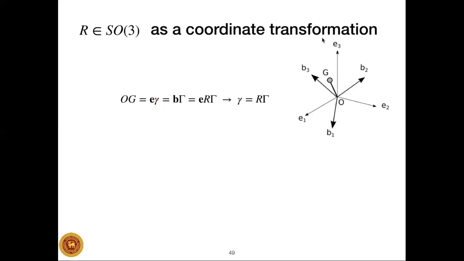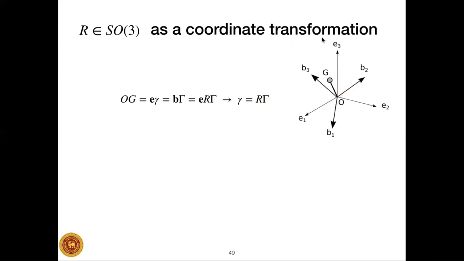Now if you write down the same arrow in the B frame, how much along B1, how much along B2, how much along B3, we get capital Gamma. And again, we have seen that since B is related to E through R, you plug that in. So then the relationship between the two representations of the same arrow. Now the arrow is fixed. The arrow is the arrow. But if you write it down in the E frame, you get small gamma. If you write it down in the B frame, you get capital Gamma.